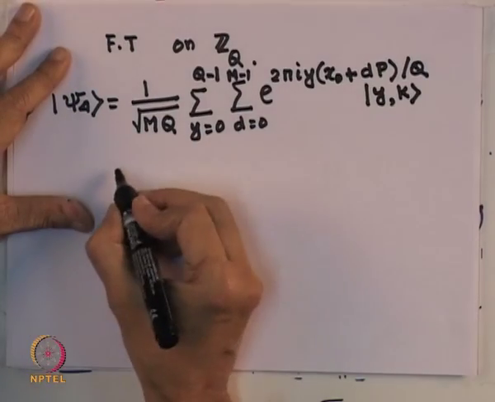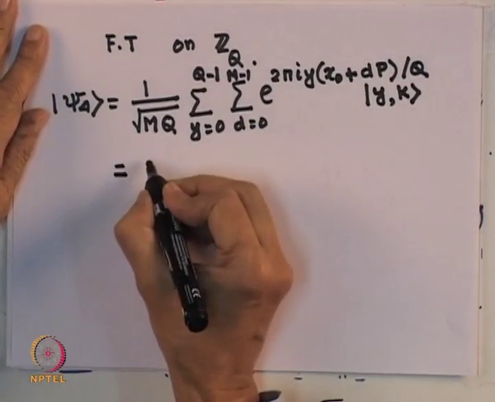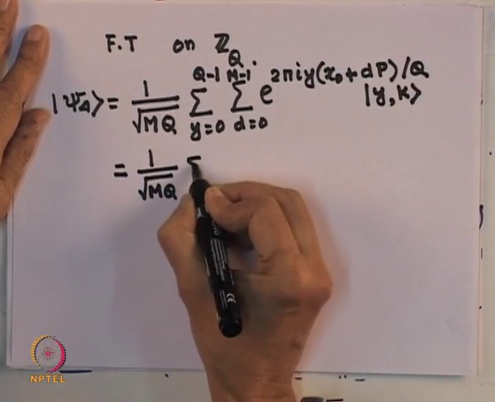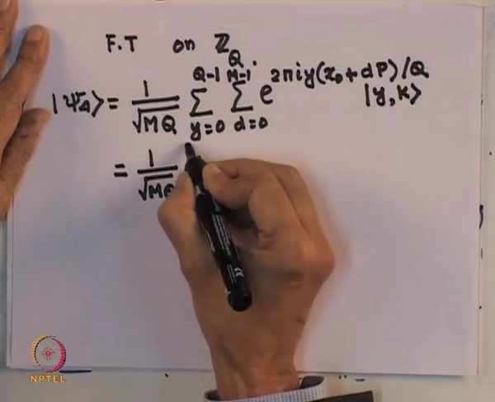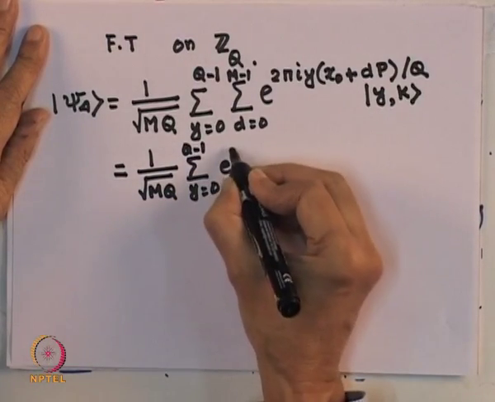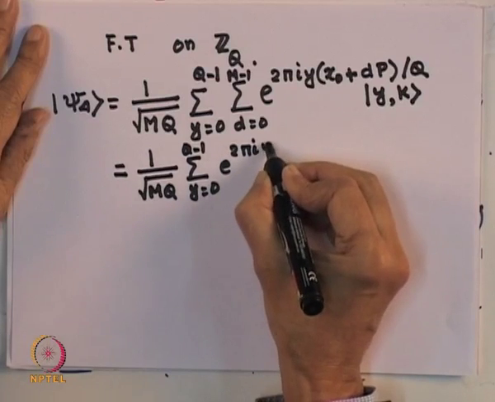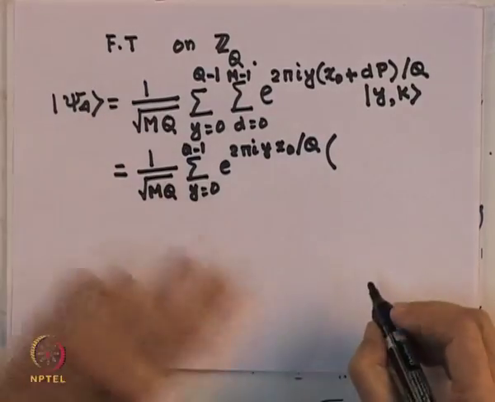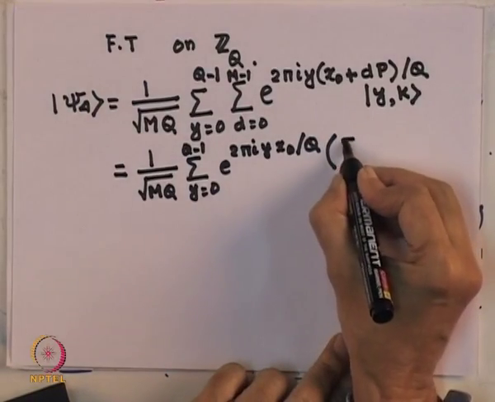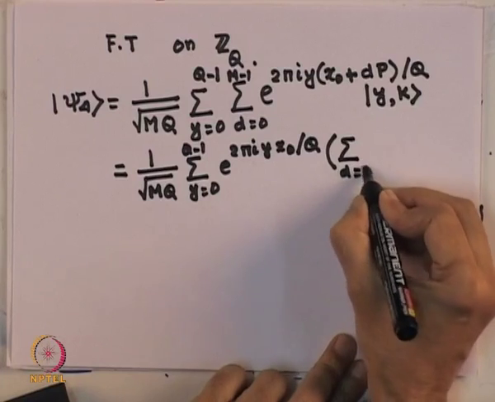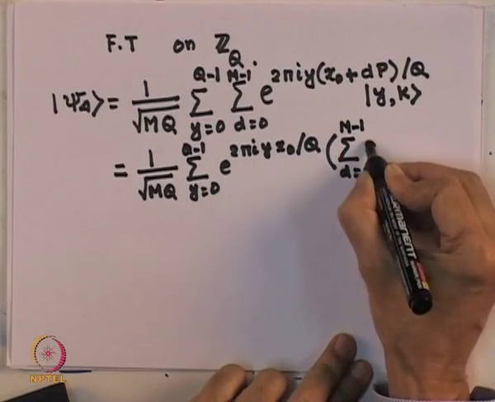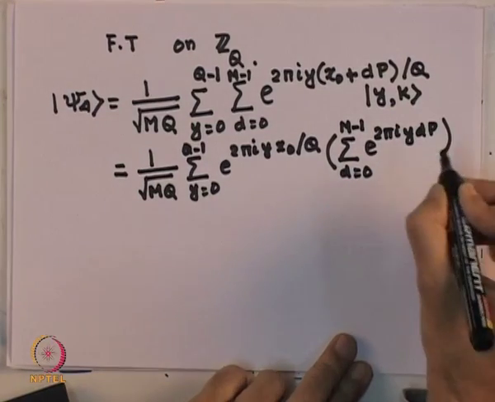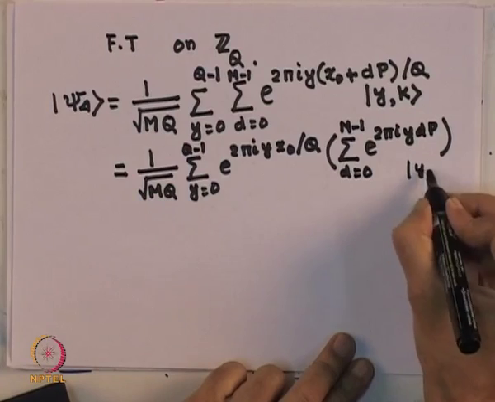Now we would write this in a slightly modified form, and this is 1 over square root of mq, sum over y, e to the power 2 pi i y x0 by q. Now what I do is put the sum over d, d equal to 0 to m minus 1, inside, e to the power 2 pi i y dp by q, and y and k.